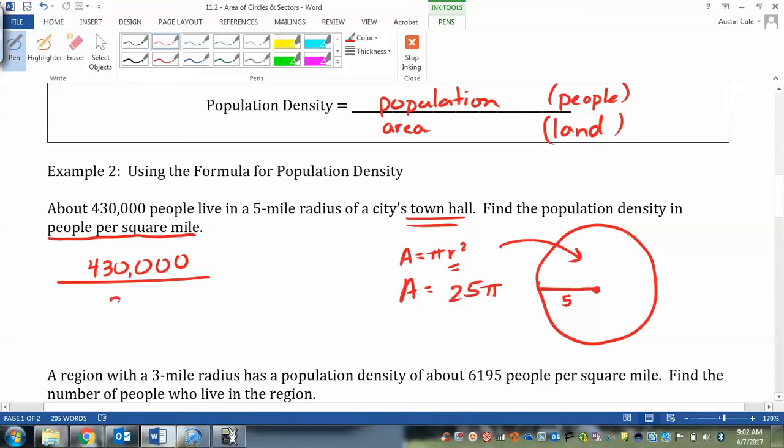You can get a decimal if you want, or just put 25 pi in there. So we take our total population of the given area, 430,000 people, over the area in square miles, and we can divide that. Again, guys, what do we need to remember when we plug this into our calculator? Parentheses around that. You will get the wrong answer if you don't type them in.